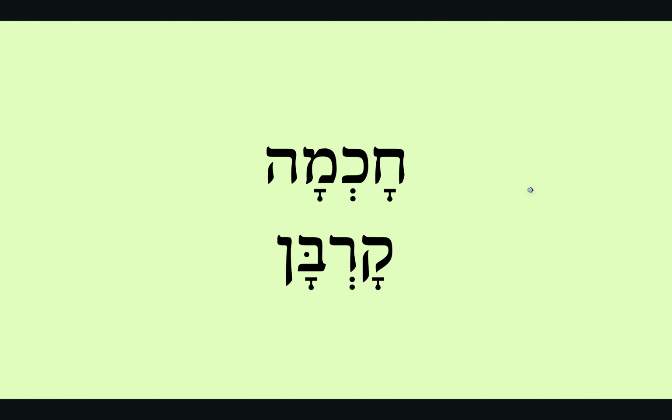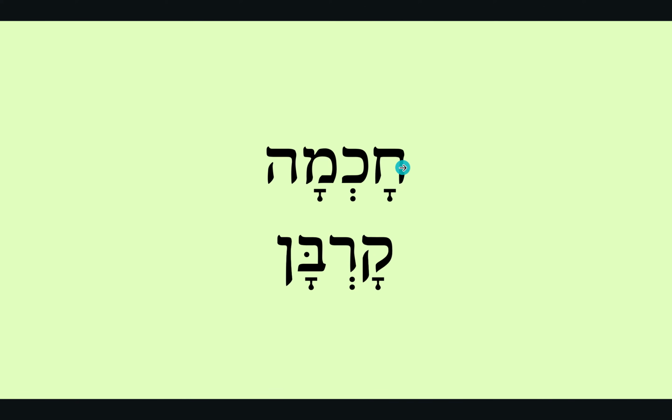Here are some more examples of kamatz katan as opposed to chataf kamatz. You can't always see that a kamatz katan is katan. It literally means a little kamatz. Here you have 2 kamatzes. Kamatzim, is that how we say kamatzes? Not sure. 2 kamatzes, and one is a true kamatz, this one, and the other is kamatz katan, this one.